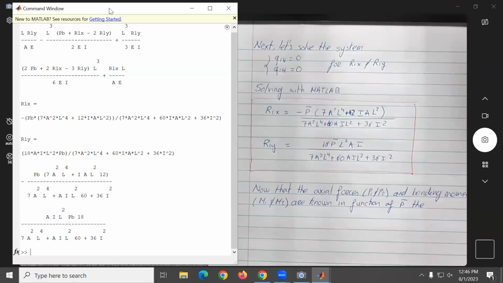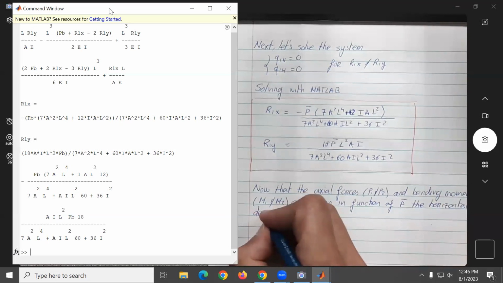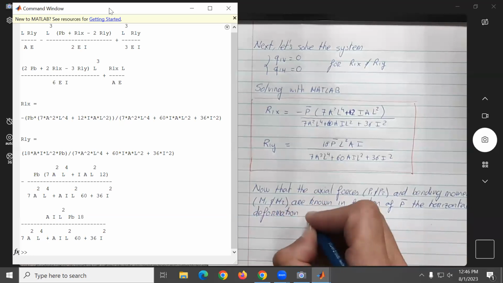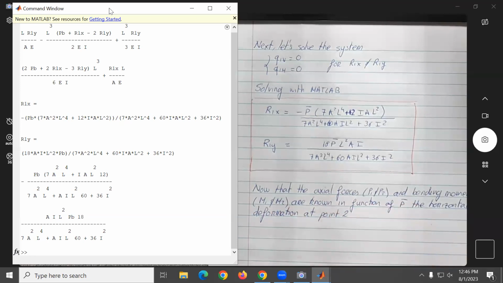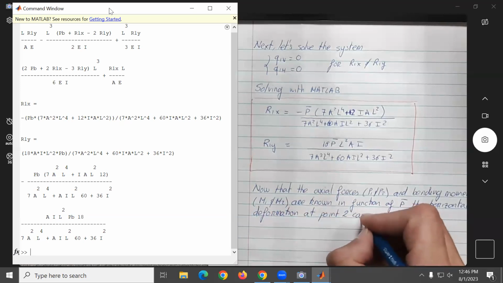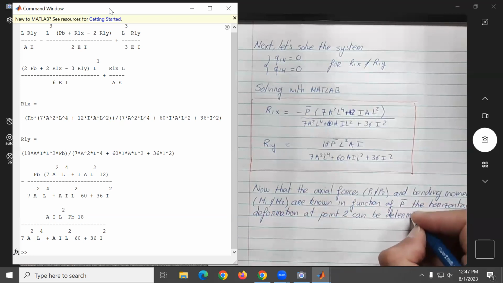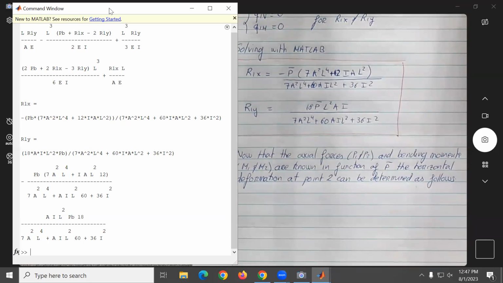The horizontal deformation at point 2 can be determined as follows, using exactly the same thing.